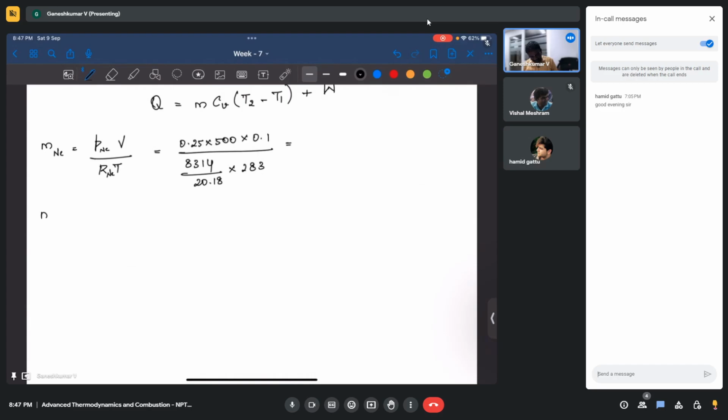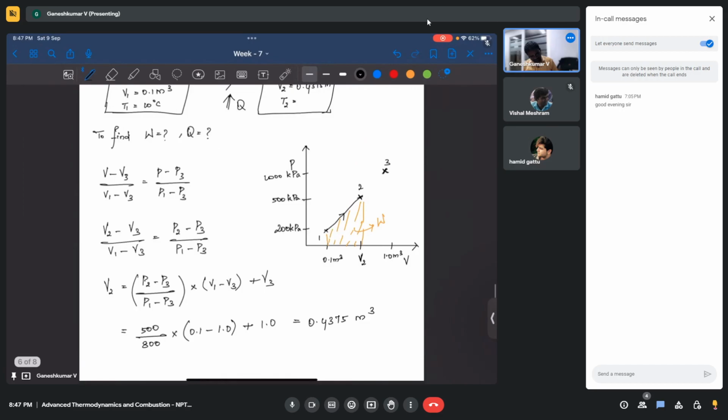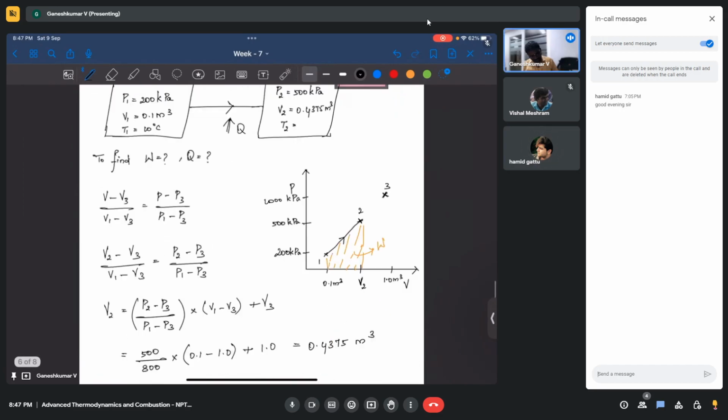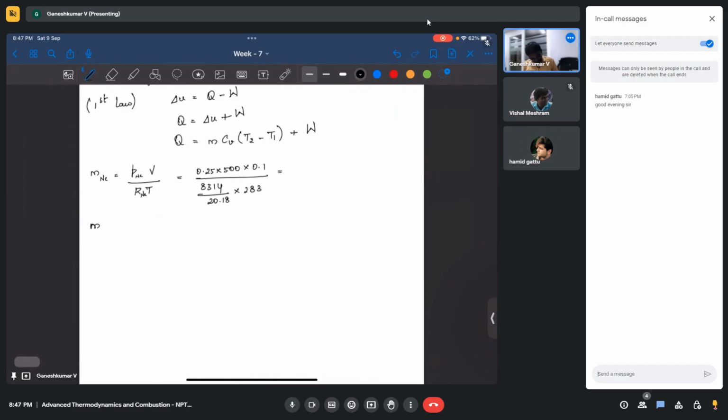This gives the mass of neon. Similarly, oxygen and nitrogen. Partial pressure of O2 is 0.5 into 500 into 0.1 times 8314 divided by 32 times 283.